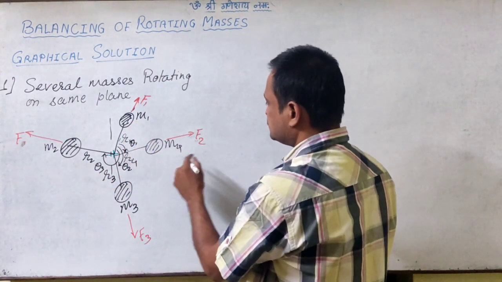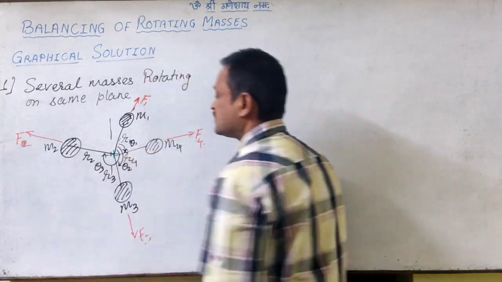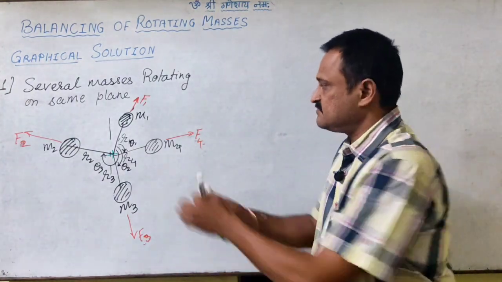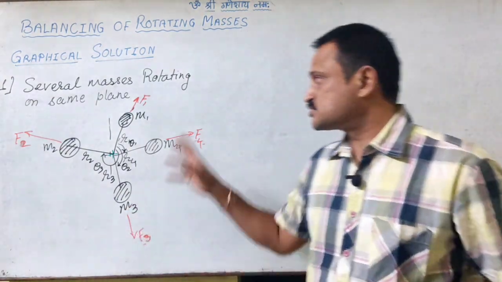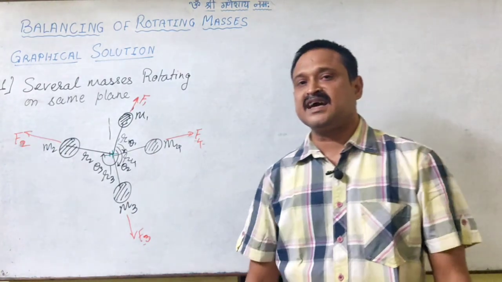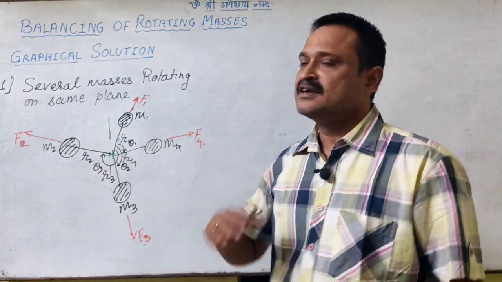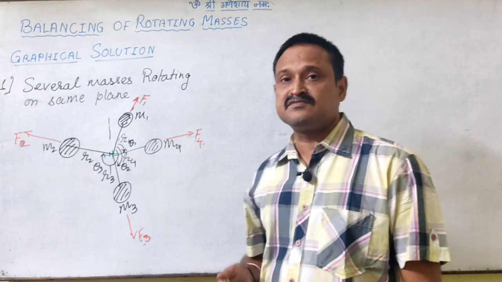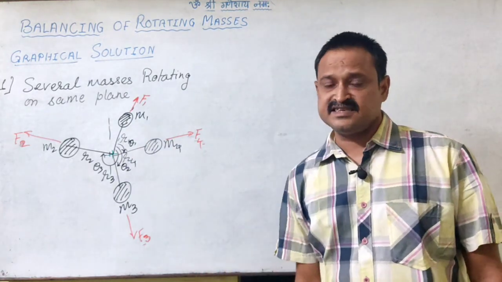Sorry, this is F4, this is F3, and this is F2. So when these forces are radially acting outward, there will be a resultant force out of these forces. So the resultant force will be acting somewhere else, and in that direction. Now as these are rotating, that resultant force also will be changing its direction with respect to time, which will be creating this unbalance in the system.